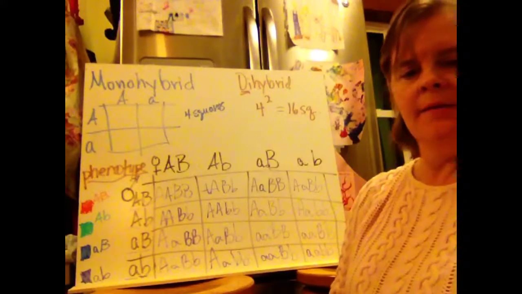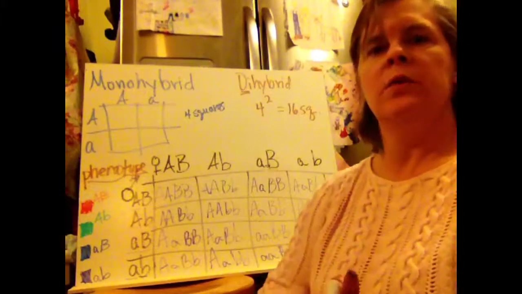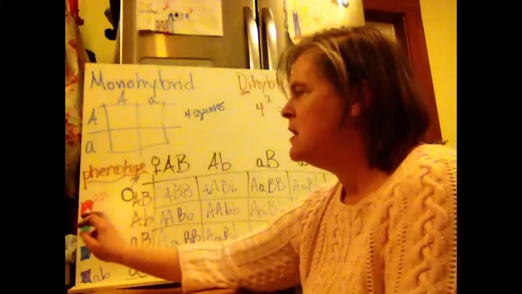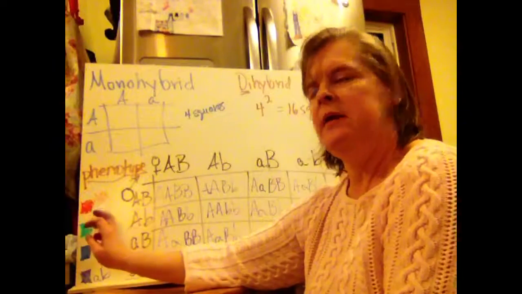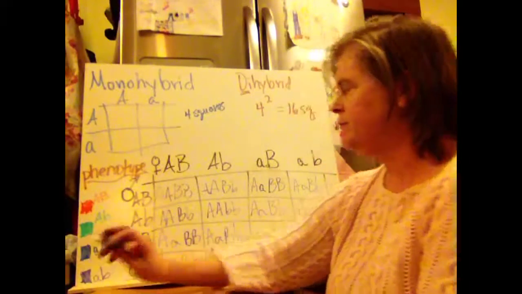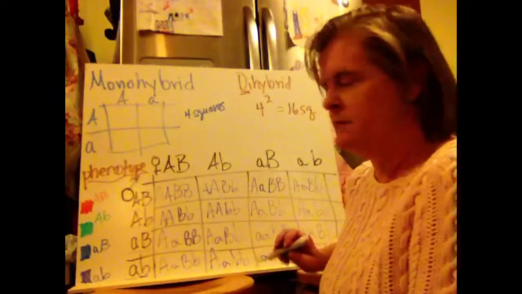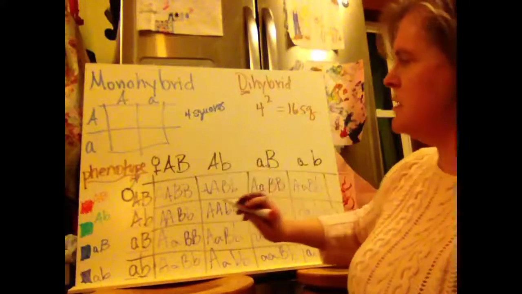And I went ahead and made a key so we can count up the phenotypes. Dominant A and B is going to be red. So let's look at all of the dominant phenotypes in our Punnett square.